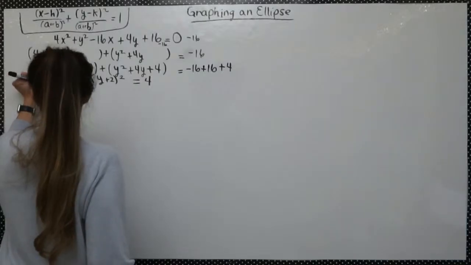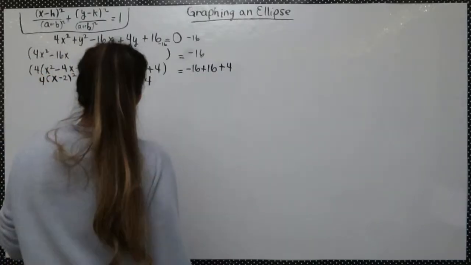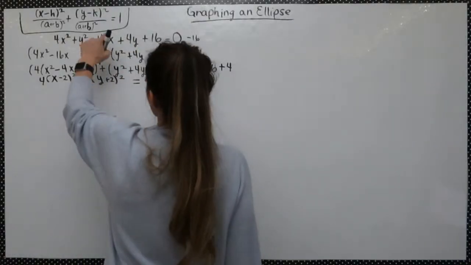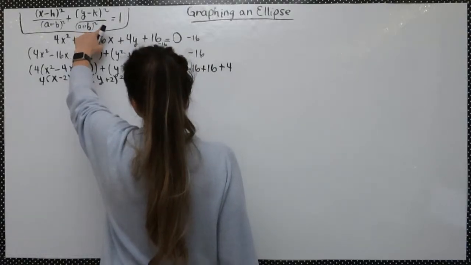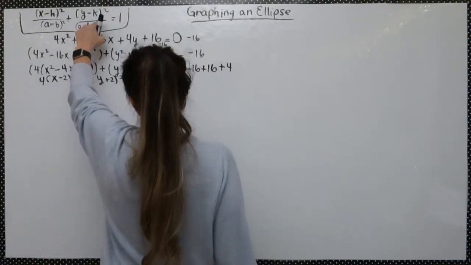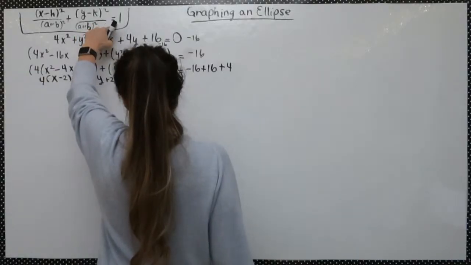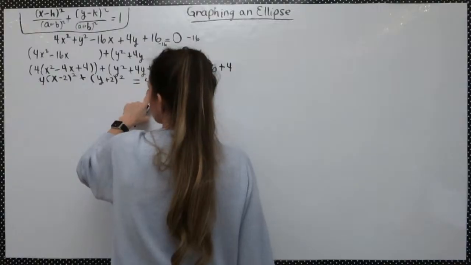So now we have this thing going on. So what we have to do is, for it to be in this form, we have got to make sure that this number right here is 1 and it's not, it's 4.